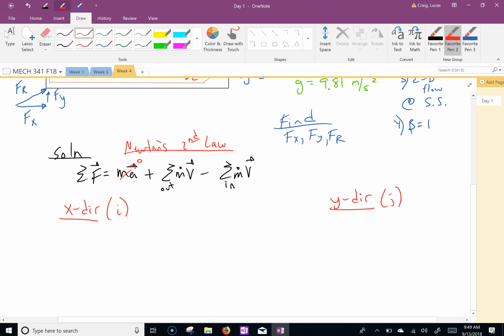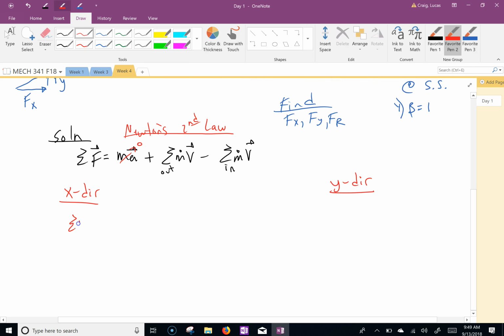X is used for I, so don't worry about all that. I like to stick with just X and Y, so I'm just going to rewrite this. It's easier for me.